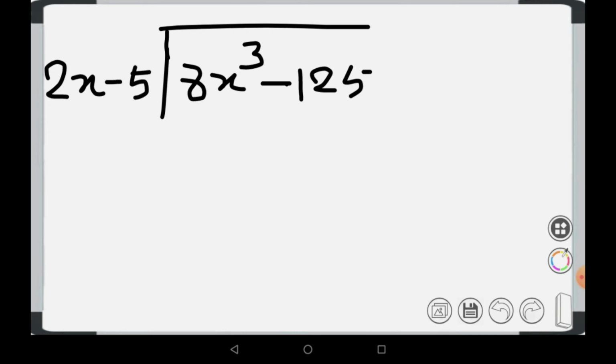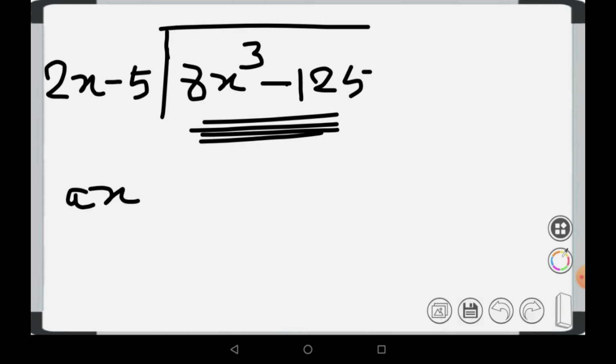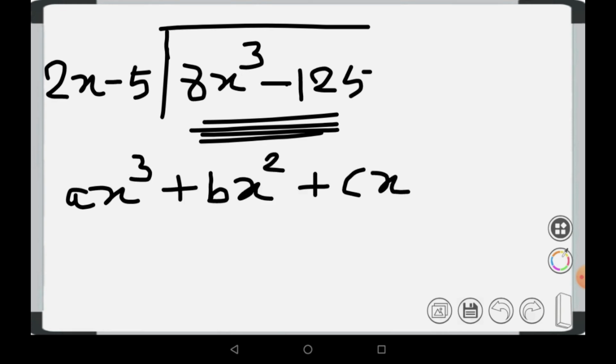2x minus 5. Now the first thing that I observe is in the case of dividend, it is not in the standard form. I need to convert it into the standard form, that is a x cube plus b x square plus c x plus d, right?